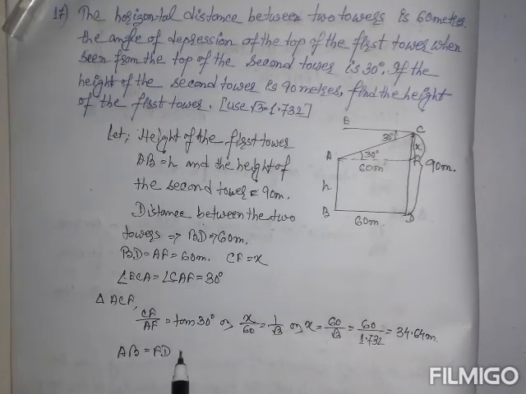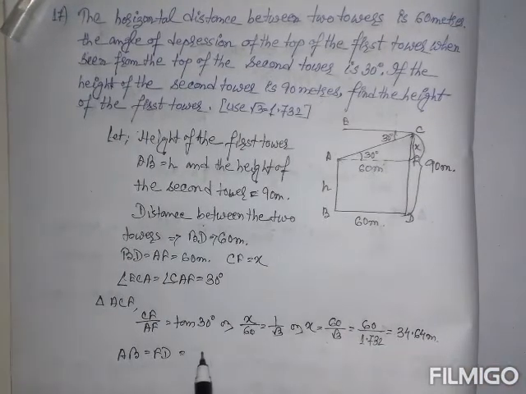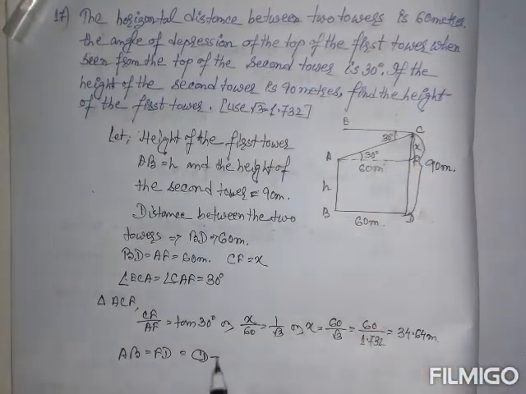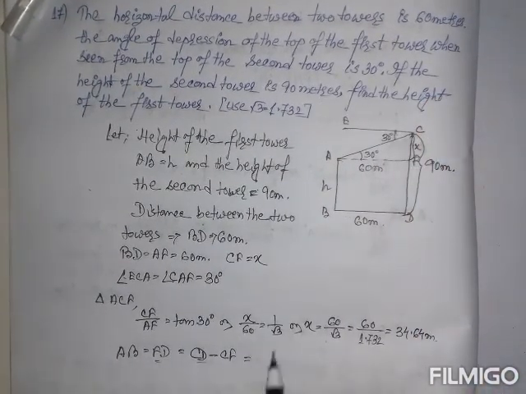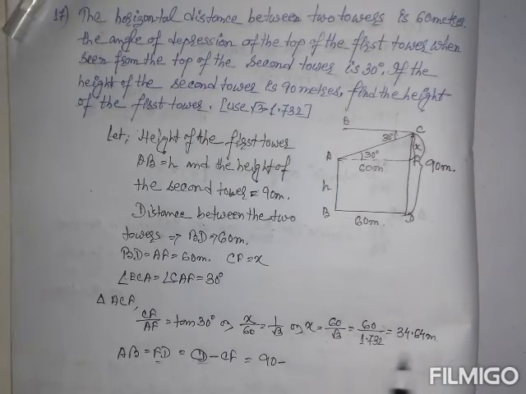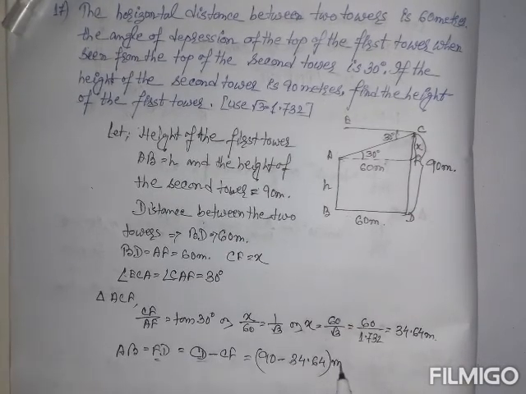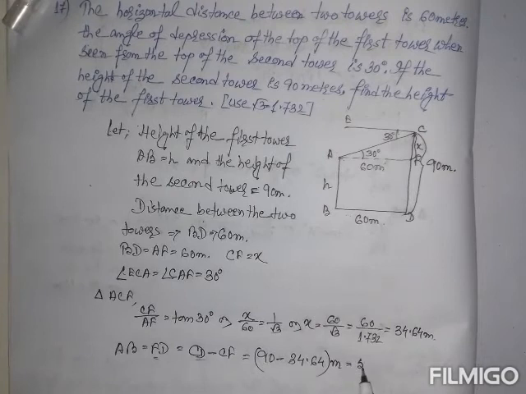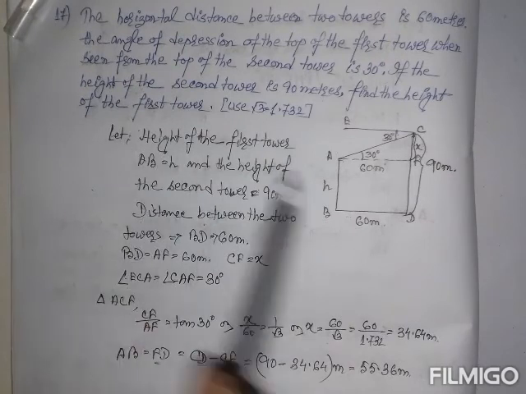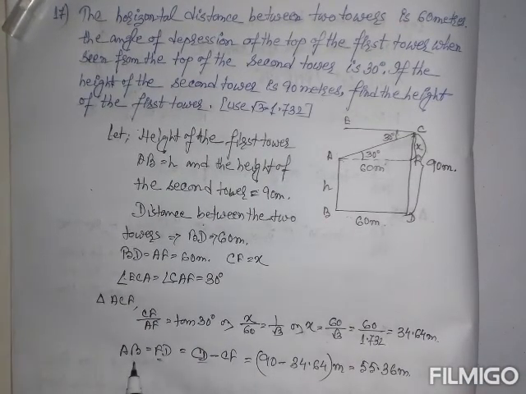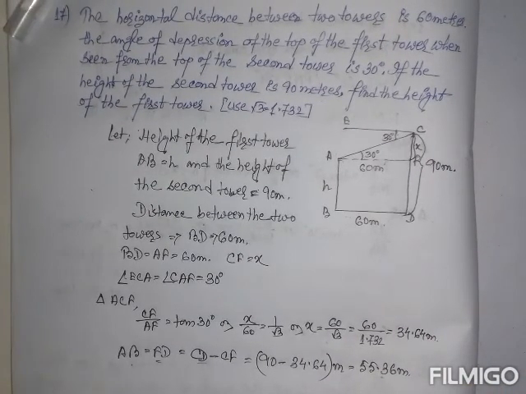FD is equal to CD minus CF. So now CD is 90 and CF is x, that is 34.64 meter. So the answer is 55.36 meter. The height of the first tower is AB, that is the same as FD. The height of the first tower is 55.36 meter.